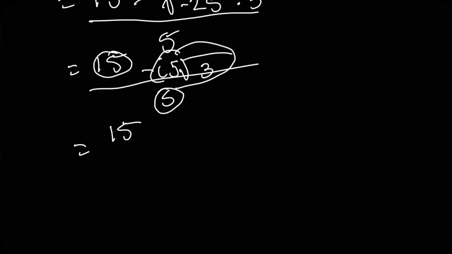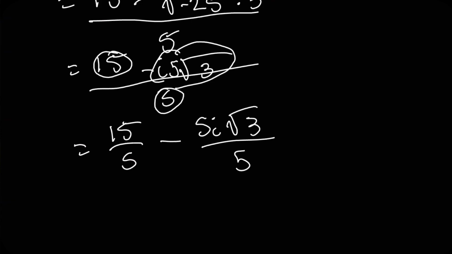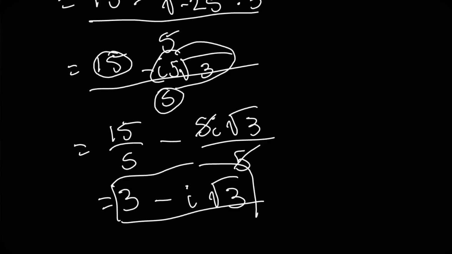So that gives us 15 divided by 5 minus 5i square root of 3 divided by 5. And we can cancel some 5s out here. 15 divided by 5 is just going to give us 3. And then our 5s cancel out, which will give us i and the square root of 3. And this will be in the standard form that we want it in.